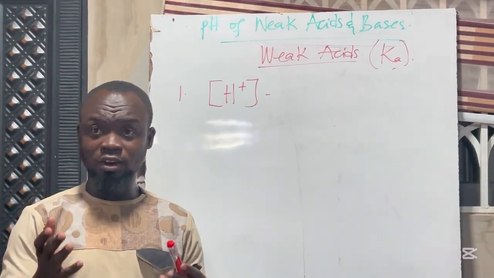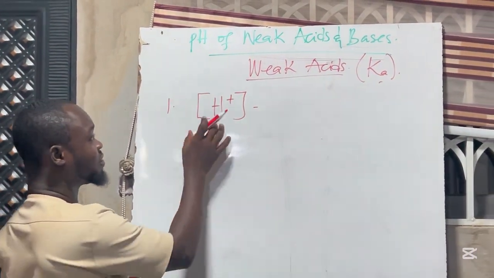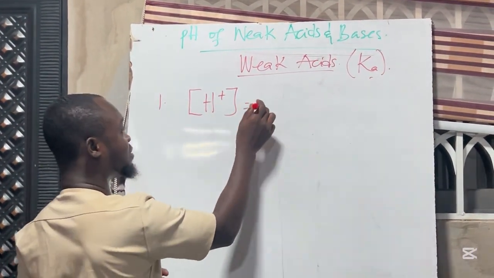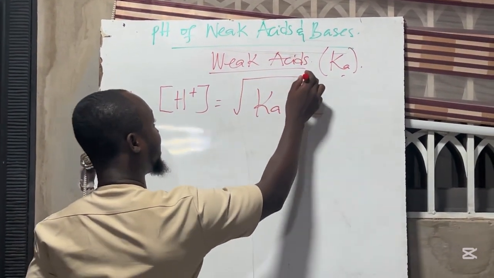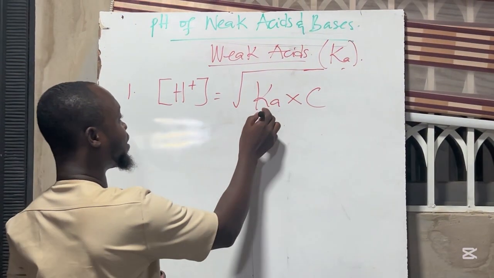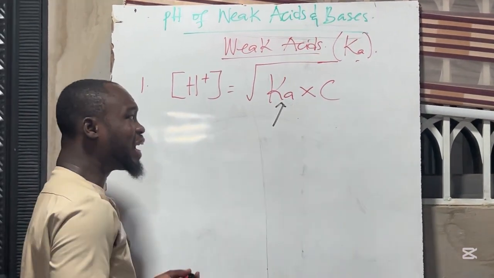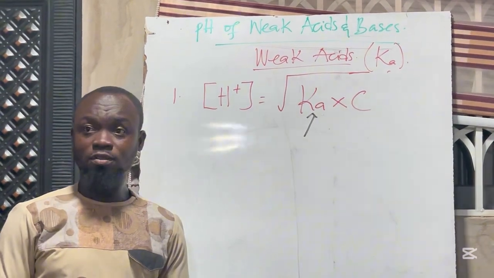First of all, one, we will need to calculate the H plus ion concentration using the relation concentration of H plus is equal to the root of Ka multiplying C. What is the meaning of this? The Ka here is the weak acid dissociation constant, and it will be stated in the question as well.